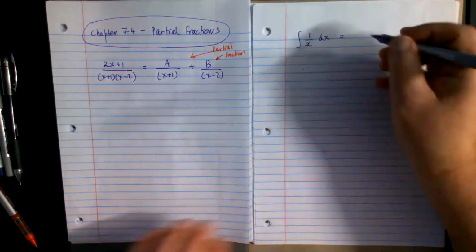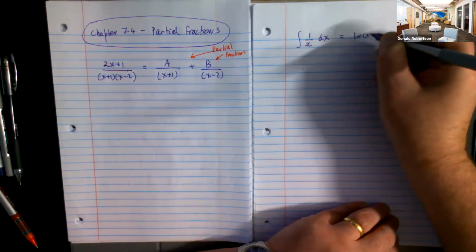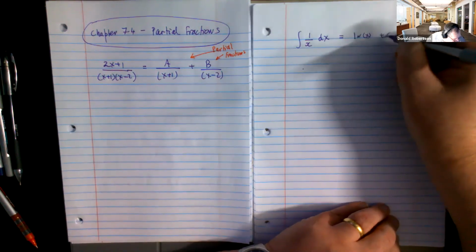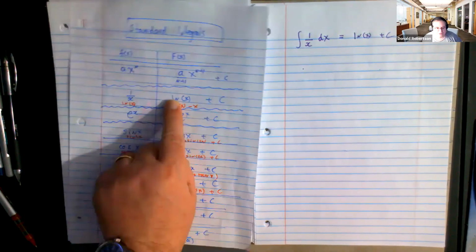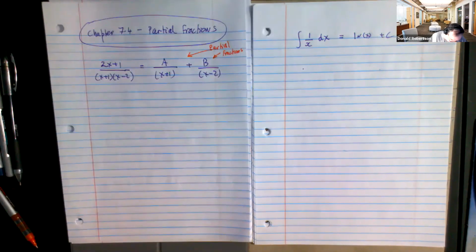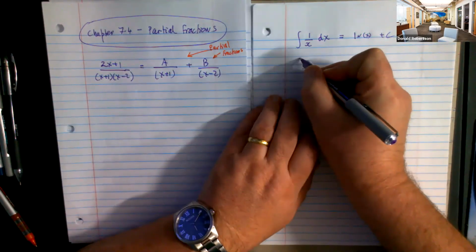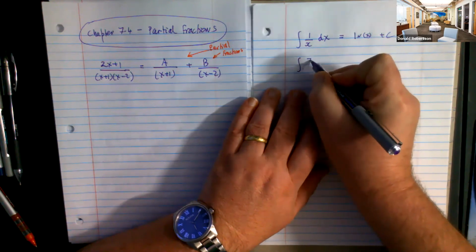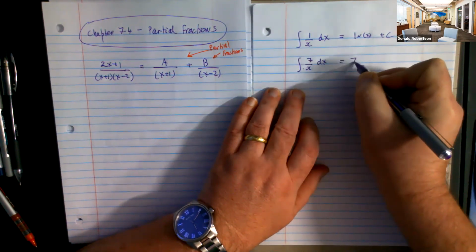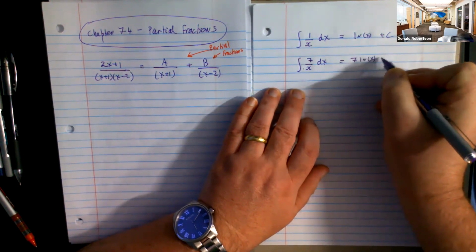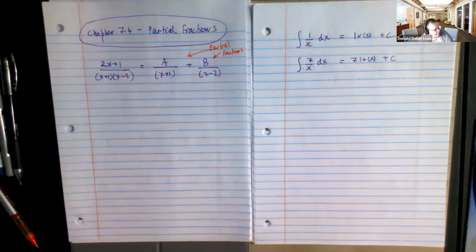Well done. Technically a plus c. There it is, right? Natural log. Now, what you won't be surprised about, but I'm just doing it for completeness, is that if you stick a 7 in the top, don't you just get 7 natural logs? It doesn't do that much.